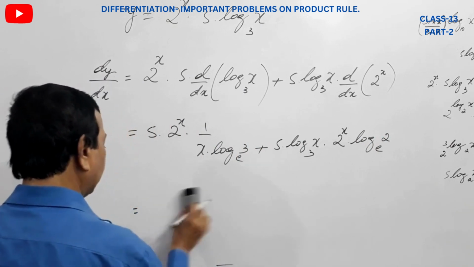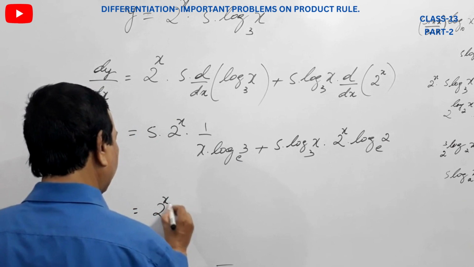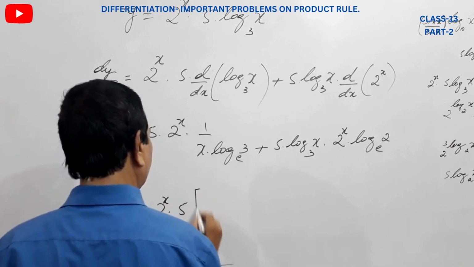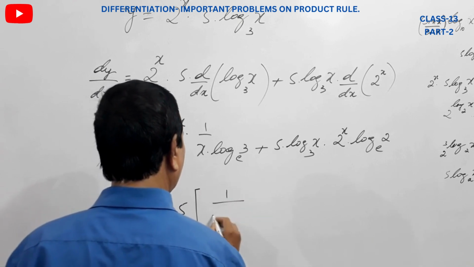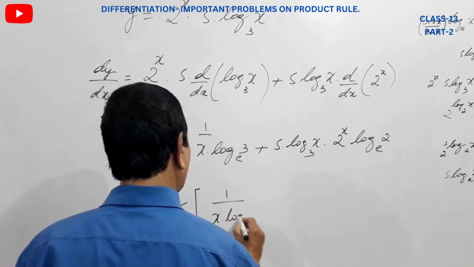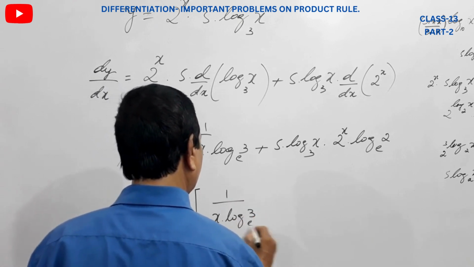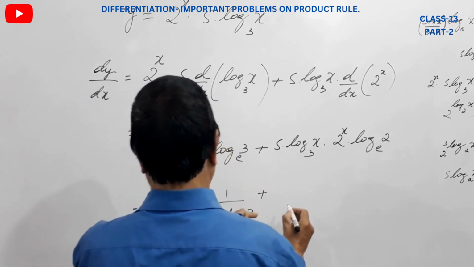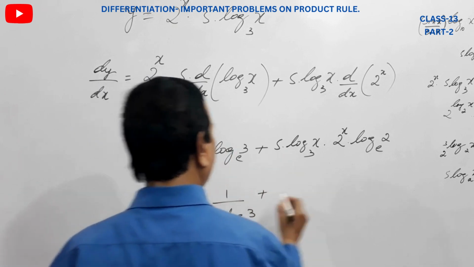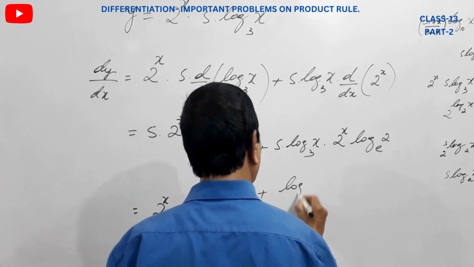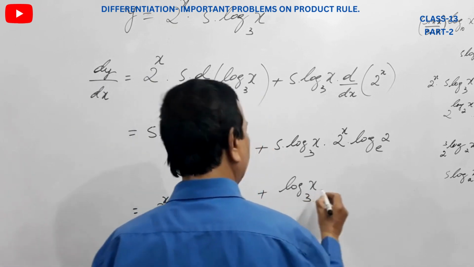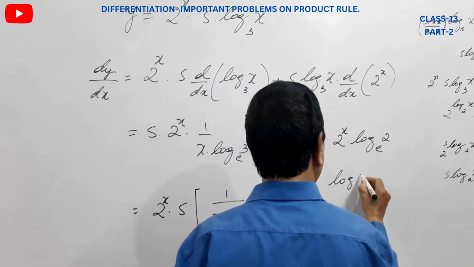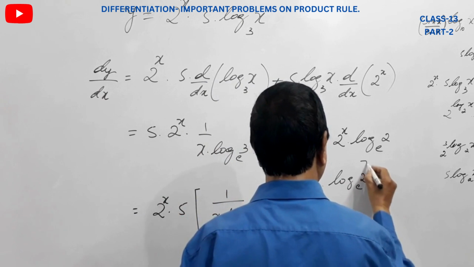I'll write this like this: 2 to the power of x into 5, into 1 by x log 3 to base e, plus, 5 I have already taken, that becomes log x to base 3, 2 also I have taken outside, that becomes log 2 to base e.